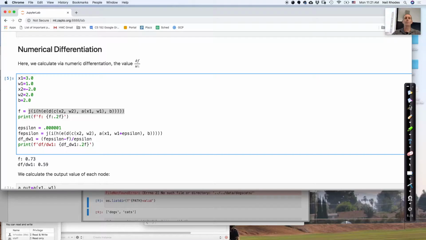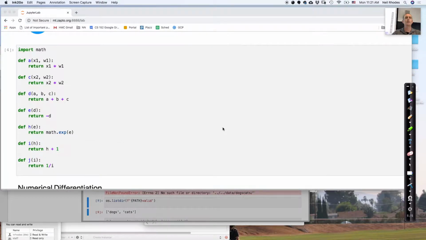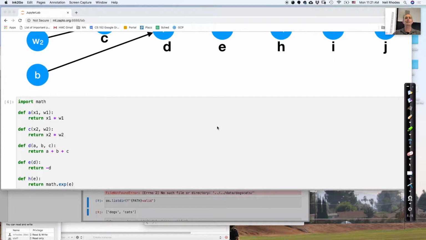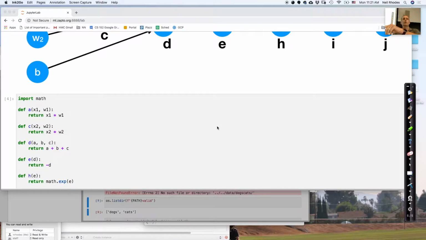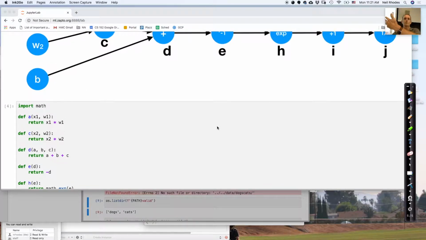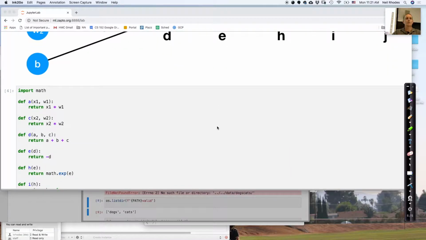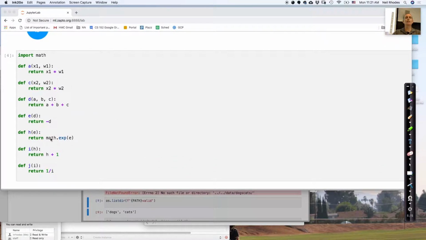Let's go look back at here. So I defined these functions, which exactly match, right, the labels here. So for instance, h of e is x of e, I of h is h plus 1, and so on.